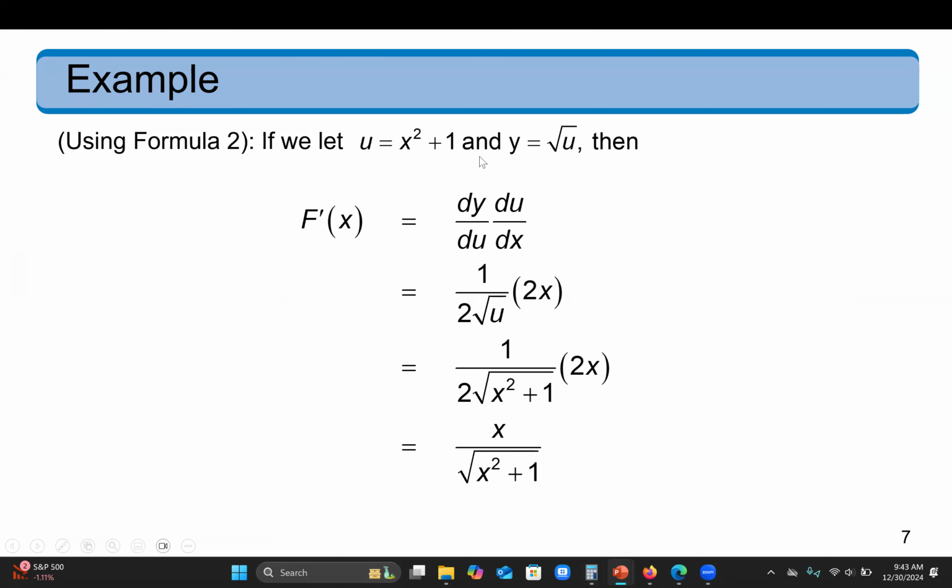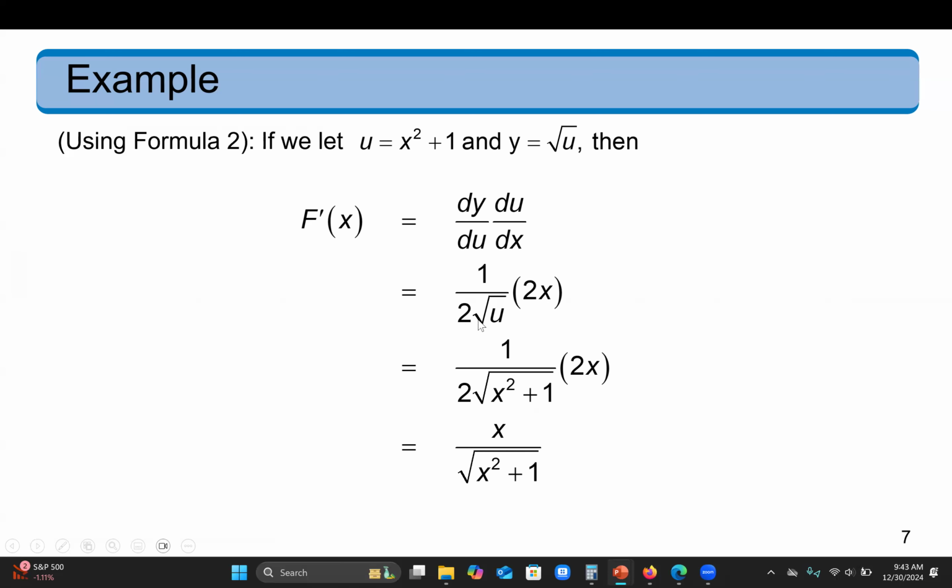Now, let's go through the steps one more time. There's another way we can solve this problem, by using a formula: dy/du times du/dx. Let's find the derivative of the square root of x squared plus 1. Here y equals the square root of u, so the derivative of that is half u to the power negative half.